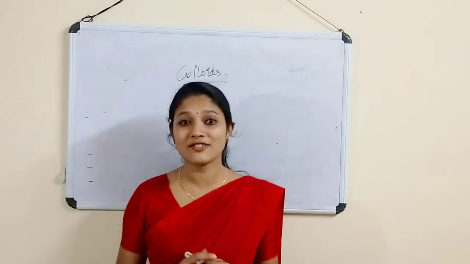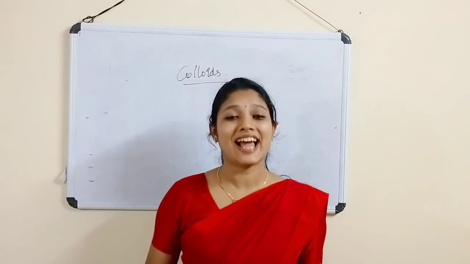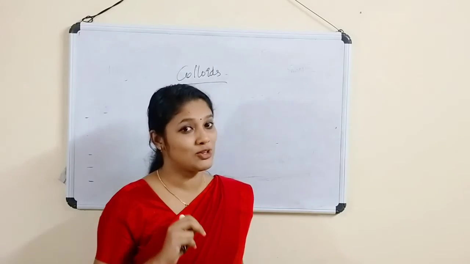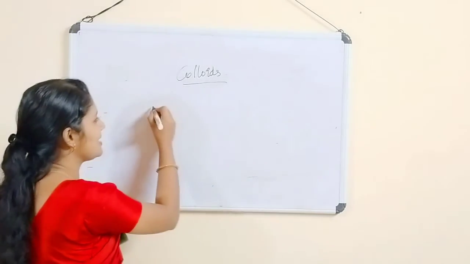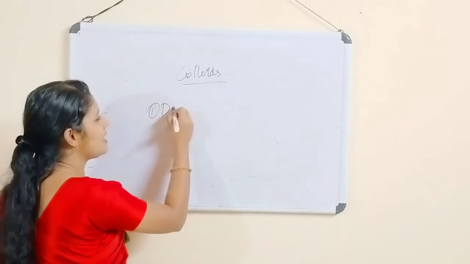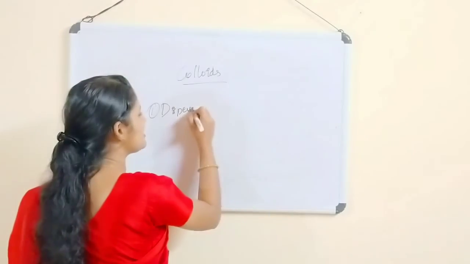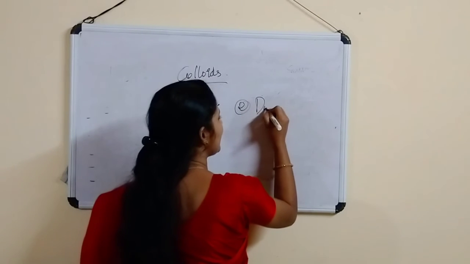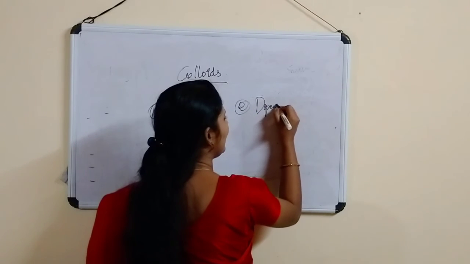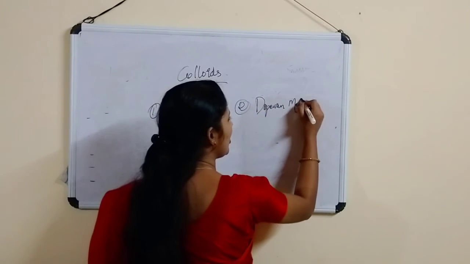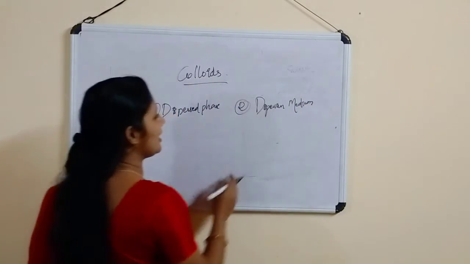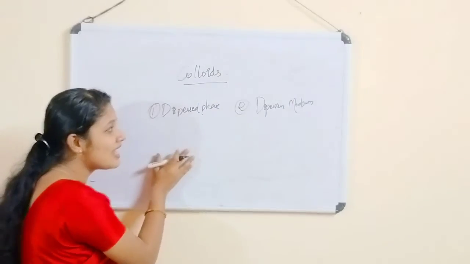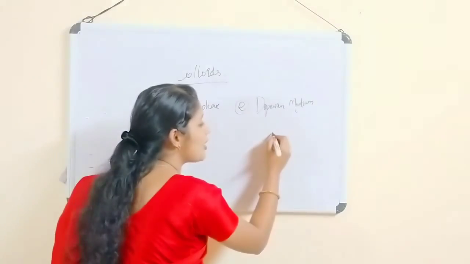Have you seen the video of colloid? In colloid, there are two terms we should know. The first term is dispersed phase, and the other term is dispersion medium. Dispersed phase means the substance which gets dissolved in the dispersion medium.